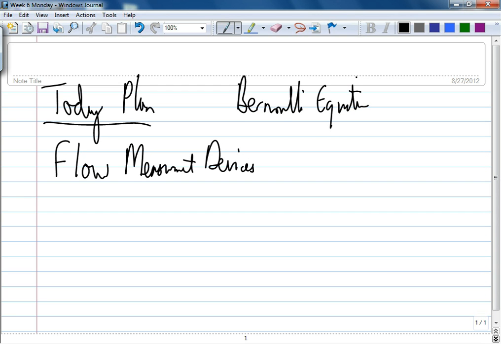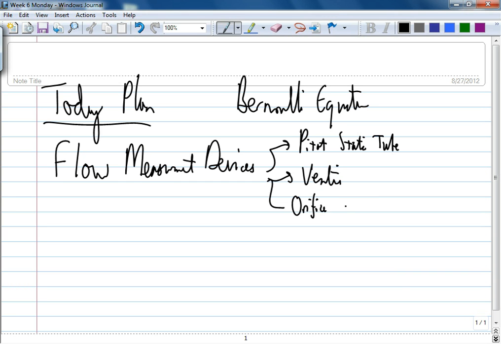So flow measurement devices: I think we look at the pitot-static tube, the Venturi, and the orifice plate. Those are the three.